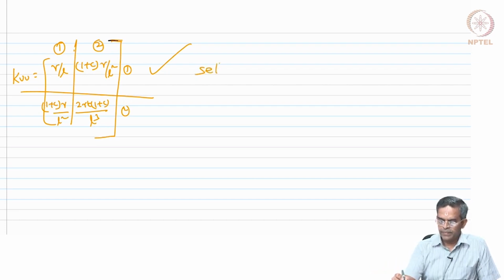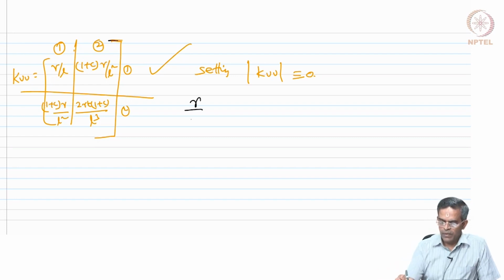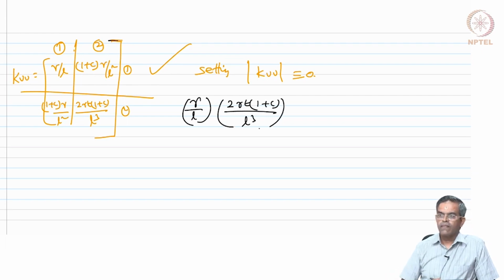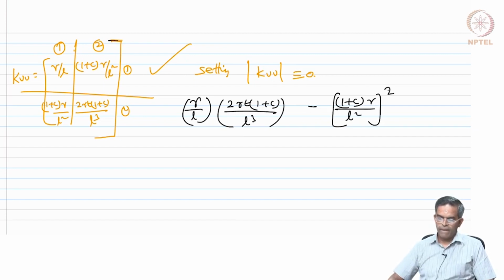So, setting determinant of KUU to 0, if I do that, it is going to be R by L into 2 RT 1 plus C by L cube minus 1 plus C R by L square, the whole square, is it not? Should be set to 0.